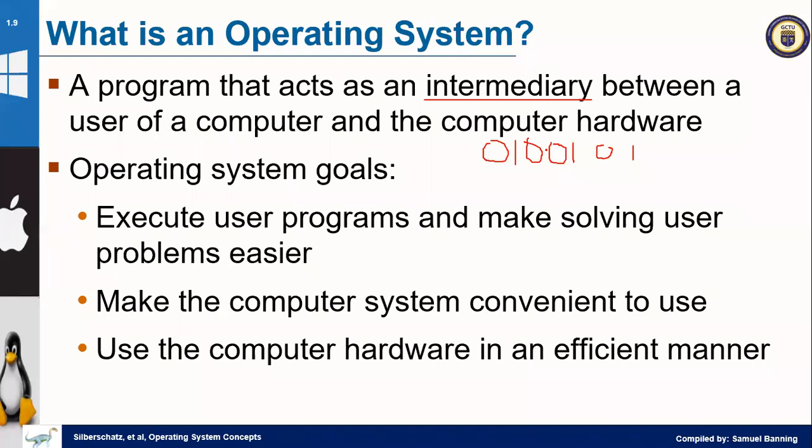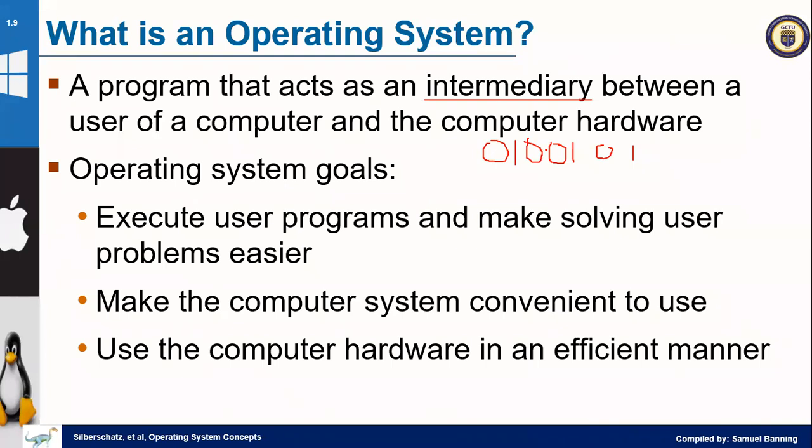It also makes the computer system convenient. Now the operating system is even more convenient than ever. Now you can just speak and the operating system will be typing for you. Now you can make gestures and the operating system will be acting on your behalf. These are some of the ways that the operating system makes the use of the computer convenient.